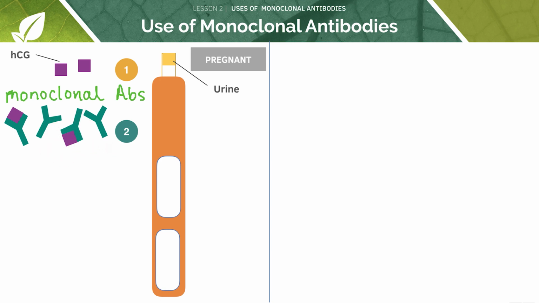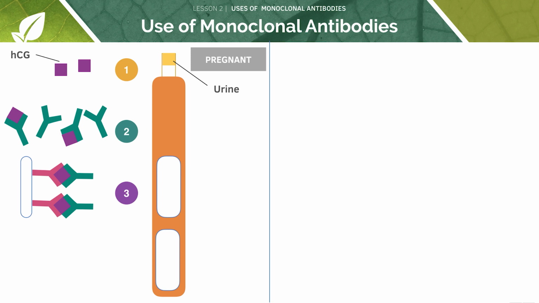Because this woman is pregnant, she's going to have HCG in her urine, and we have monoclonal antibodies on this test strip, and they're going to bind the HCG in her urine. These monoclonal antibodies are special because they have a dye enzyme attached to them.